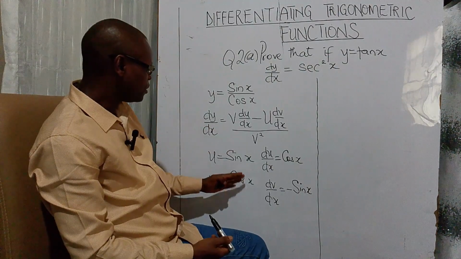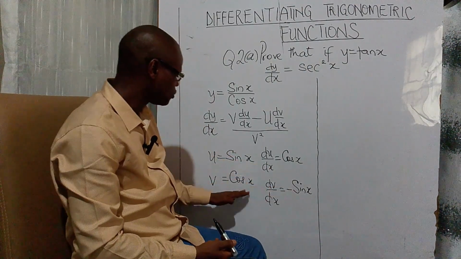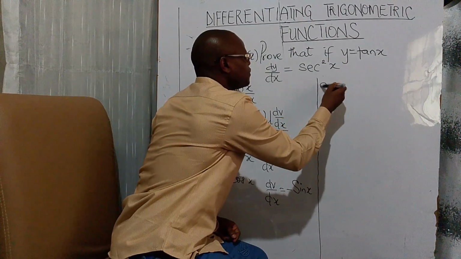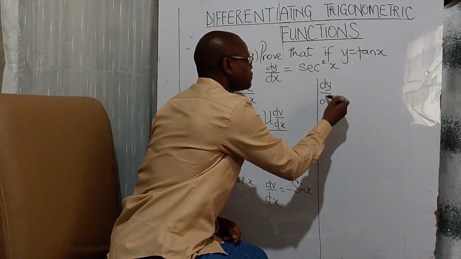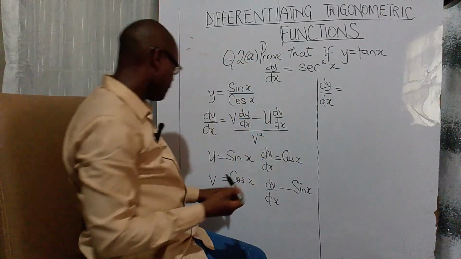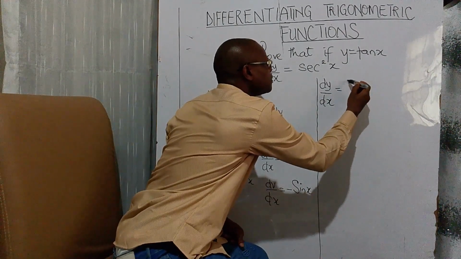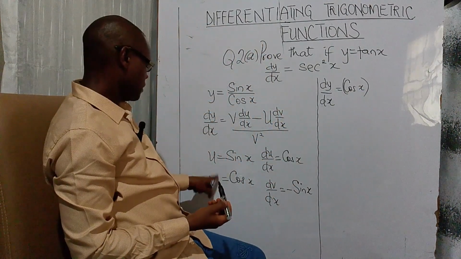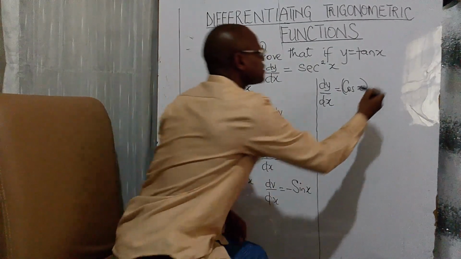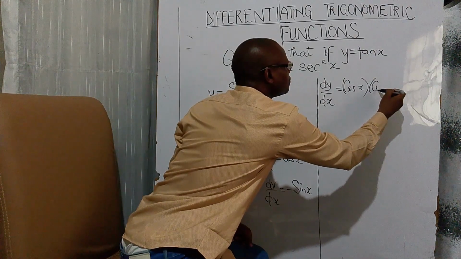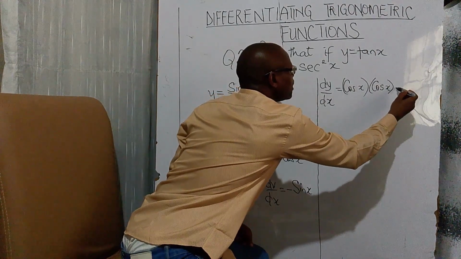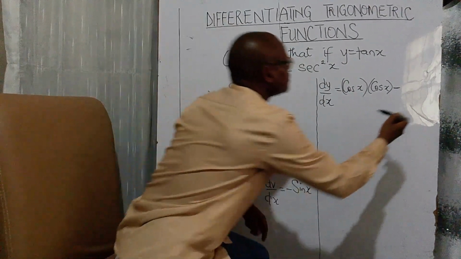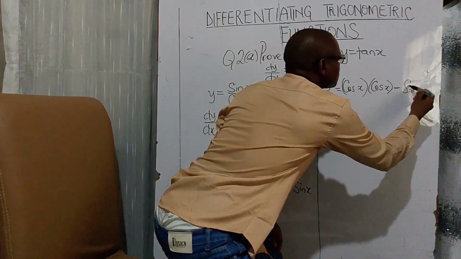Now we just need to substitute all these expressions for our variables in the formula here. So we can eventually have dy dx. Our v takes the place of cos x. Then du dx is cos x, minus our u, which is sine x.